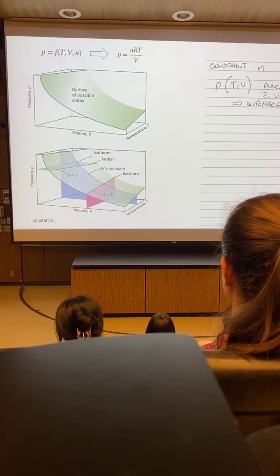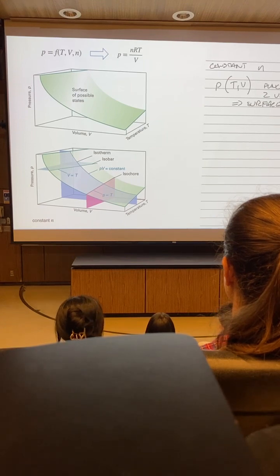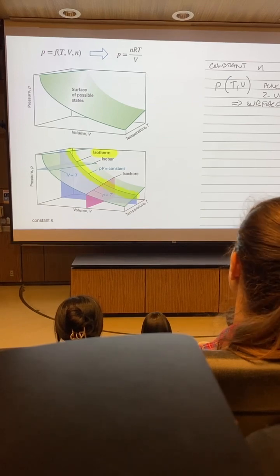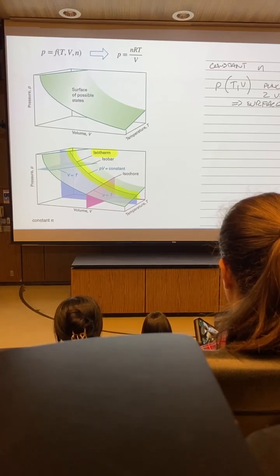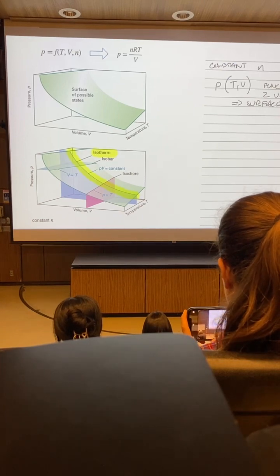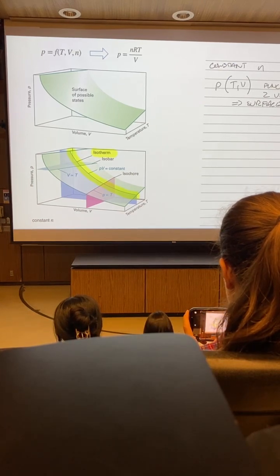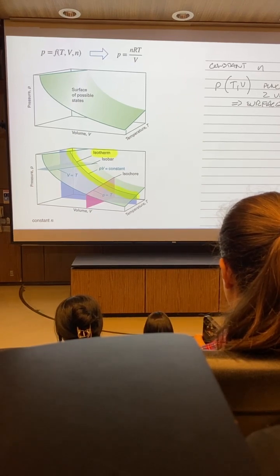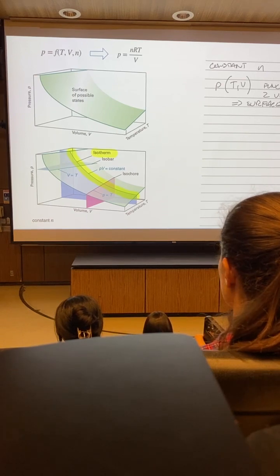Fixed temperature, I take a slice through the surface, that maps out the isotherm. If I go to a lower temperature, I'm taking a slice through the surface a little bit closer to the front of the graph. I move to a higher temperature, I'm taking a slice slightly further back in the graph. So that's why we get those three separate curves that we saw on the plot of pressure against volume.